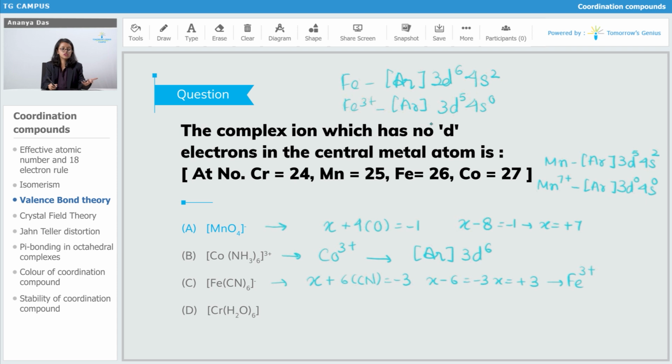So no, this complex also does not have 0 d electrons. The last one is x plus 6 into 0 is equal to plus 3, so x is equal to plus 3. That means chromium exists as 3 positive. And we know chromium when it exists as 3 positive has the electronic configuration Ar 3d3. So our correct option is option A.